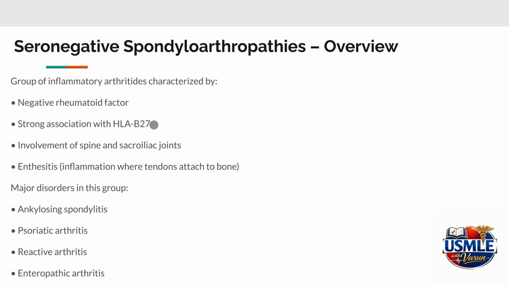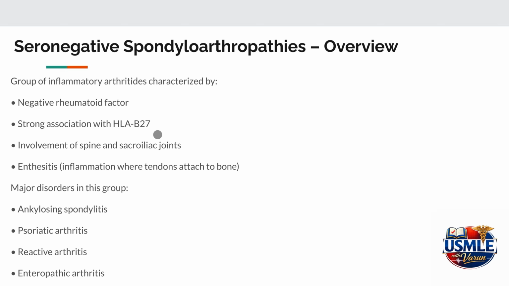Now we move on to the seronegative spondyloarthropathies. This group includes several inflammatory conditions that share a number of important characteristics. The term seronegative means that these disorders typically test negative for rheumatoid factor. Another important feature is a strong association with HLA-B27.